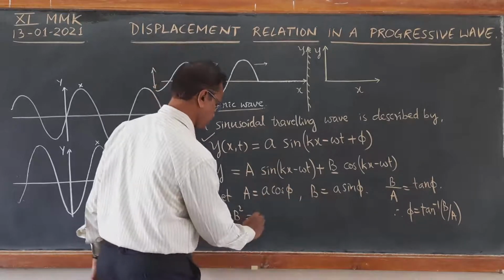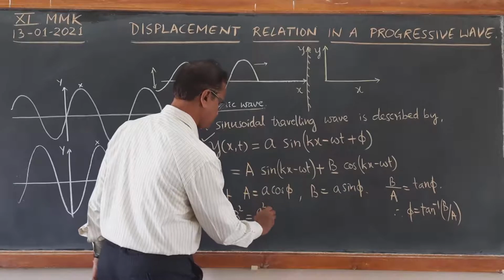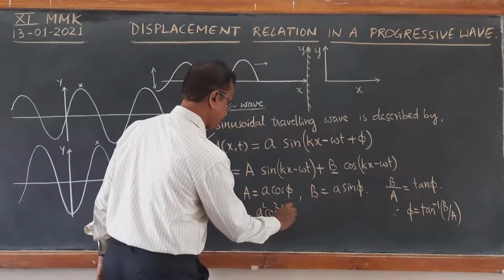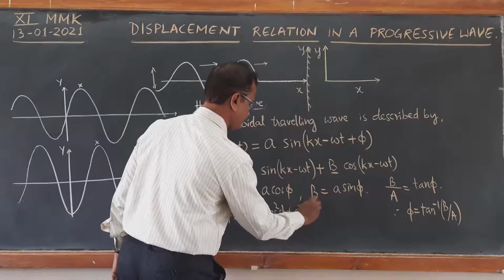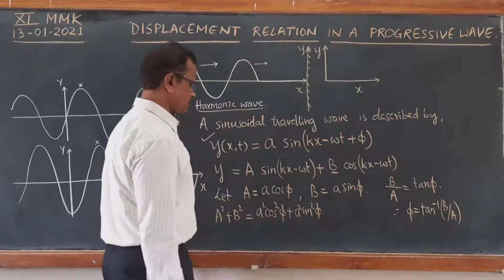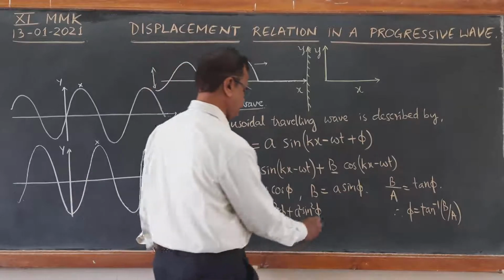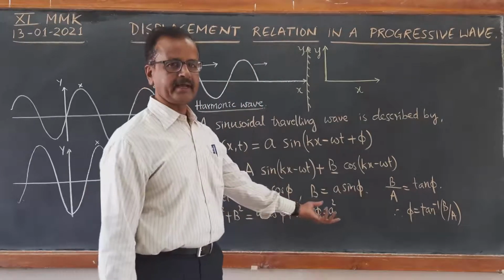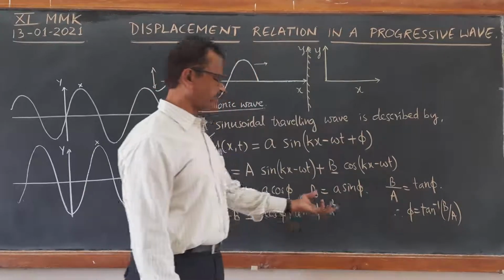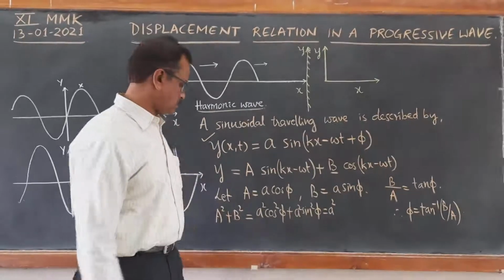A square plus b square is equal to small a square cos square phi plus small a square sin square phi. If you take out a square common, you are left with a square into cos square phi plus sin square phi. Cos square phi plus sin square phi gives us 1.